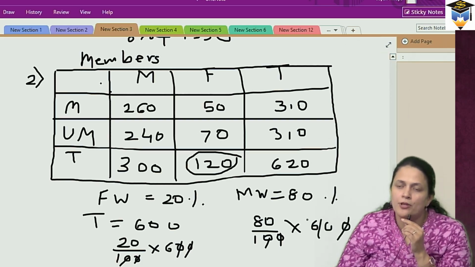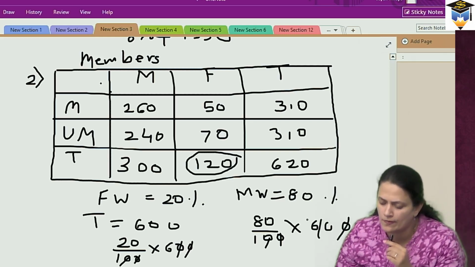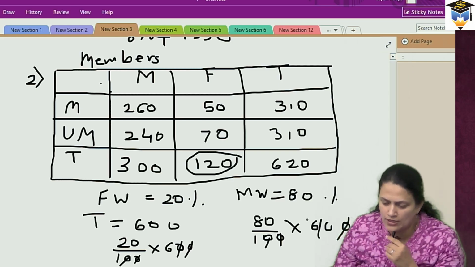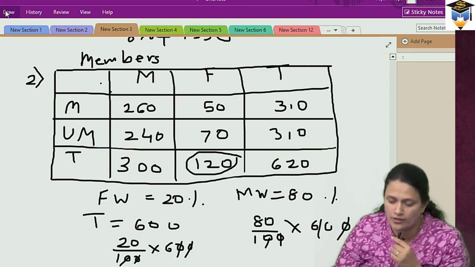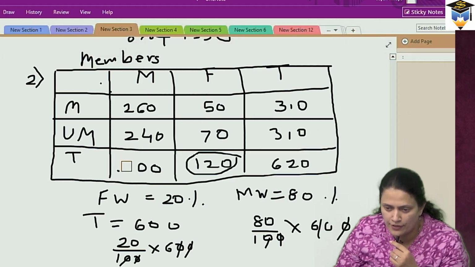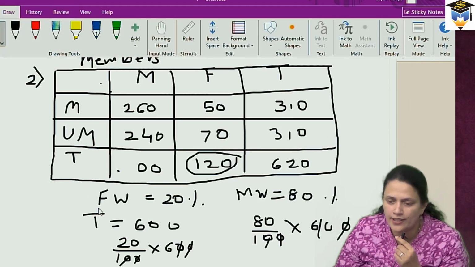Similarly, 80 upon 100 into 600 gives me total is given to us as 500. Oh, sorry. This is given to us as 500. So tell me how much is 500 plus 120? 620?